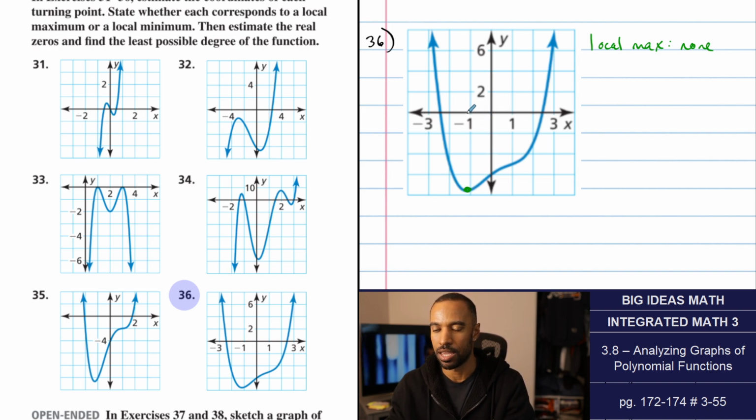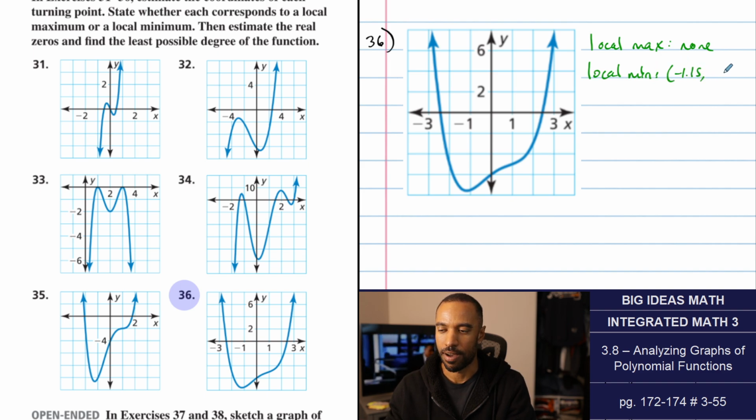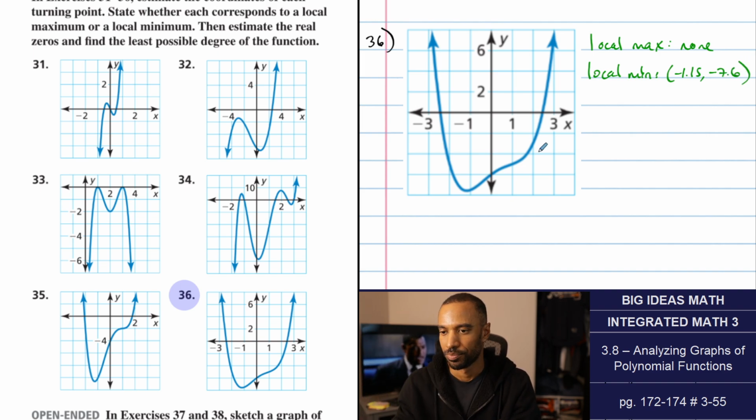Local min is this bottoming out guy about right there. These are going by 1s. These are going by 2s. So negative 1.15, I'm just being inventive. Negative 1.15 comma negative 2, 4, 6, 8, so negative 7.6. Zeros. We have one right here and one right here.